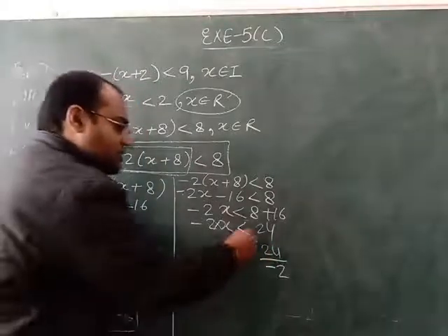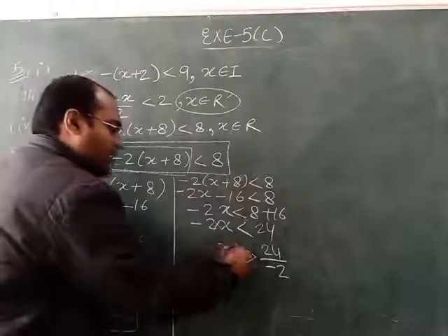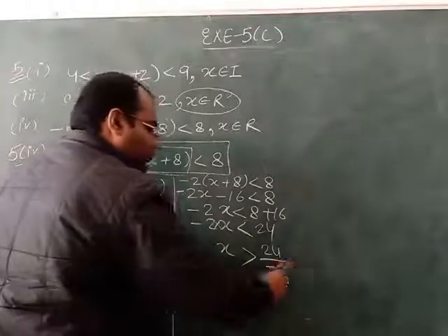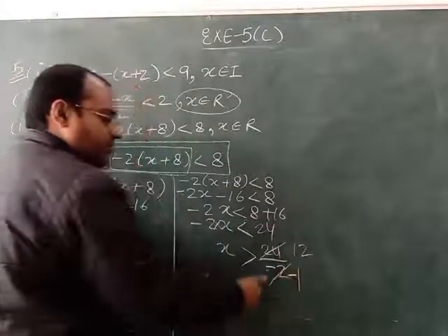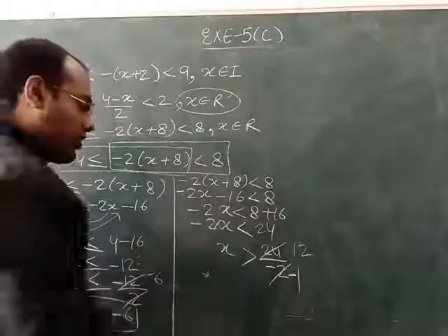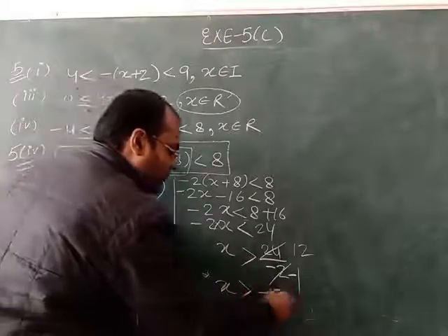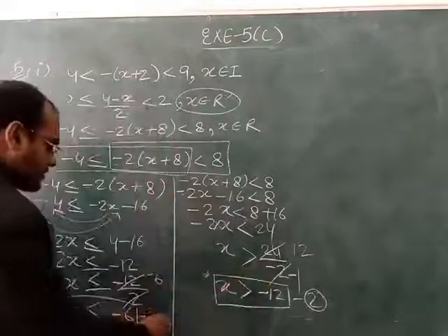So we have to change this sign. This sign will get reversed, and here we are having x. Now 2 1 ja, 2 12 ja, and here it will be minus 1 because minus sign is also there. So on dividing it, finally we are getting x is greater than minus 12. This is equation number 2. This is equation number 1.